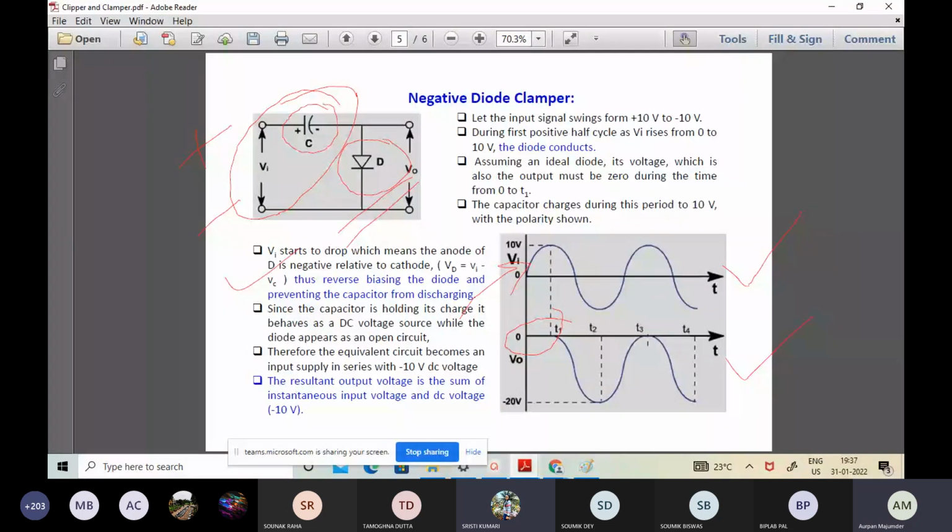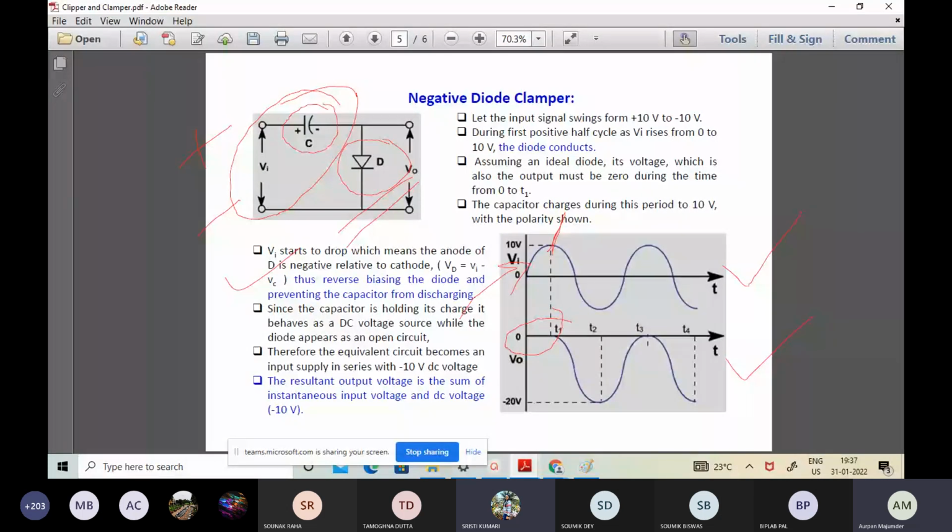Now, when the value of Vi becomes, say, equal to 9 volts, that is, it has just fallen off from the peak, and the peak value is 10 volts, as shown over here. So let us take a value, for example, 9 volts.